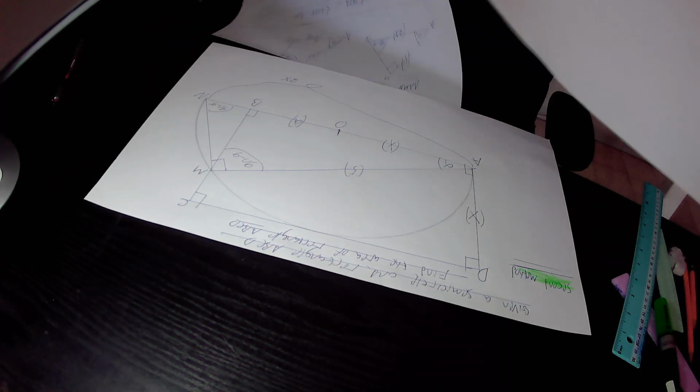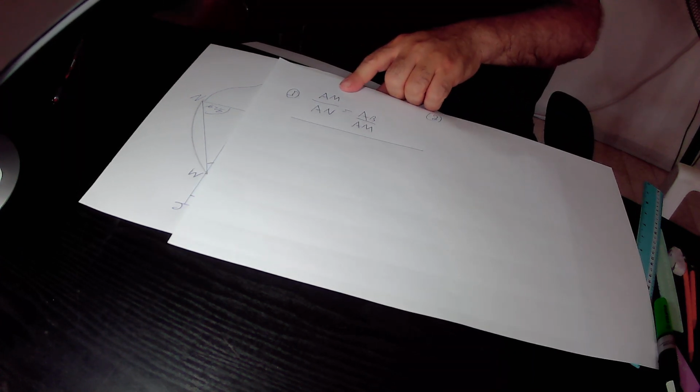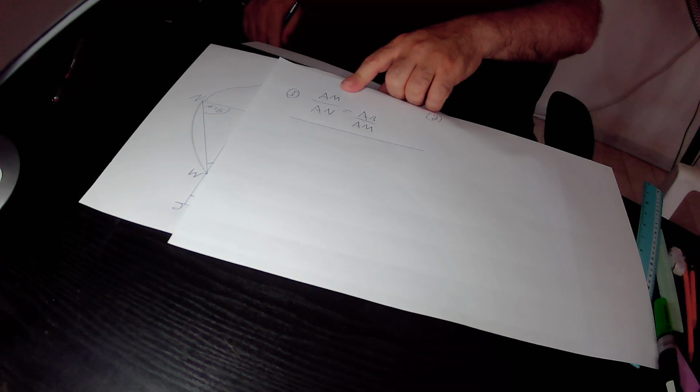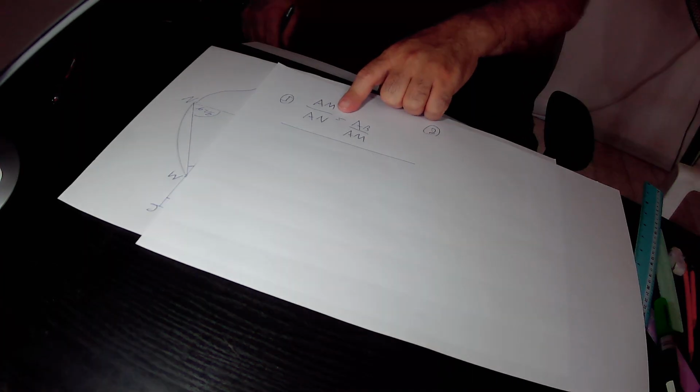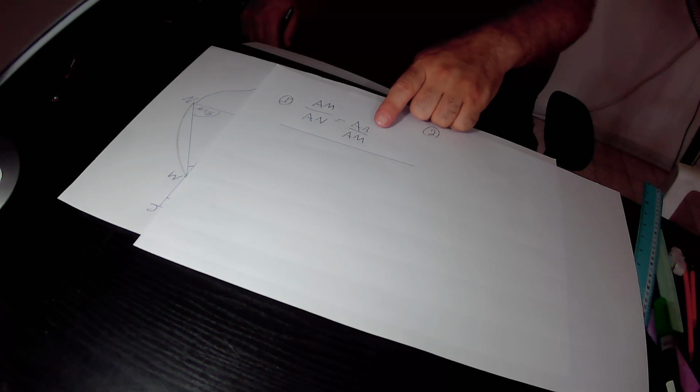Side AM in the right triangle AMB over side AN in the right triangle AMN equals side AB in the right triangle AMB over side AM in the right triangle AMN.